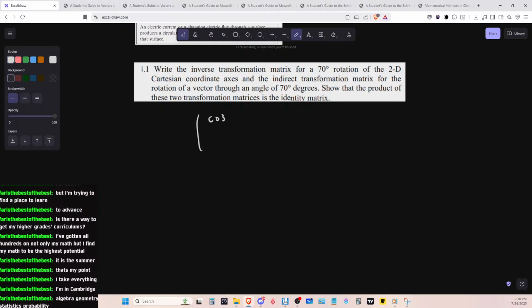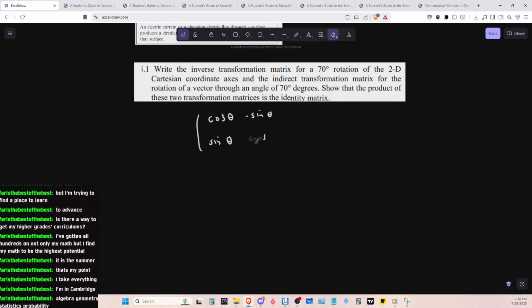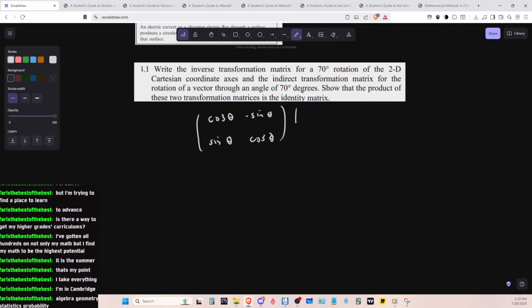I believe it's cosine, negative sine, and then sine and cosine, and then another cosine down here. And I believe the other one is the opposite. Well, I don't mean opposite, but I think in linear algebra they call it the adjunct version.